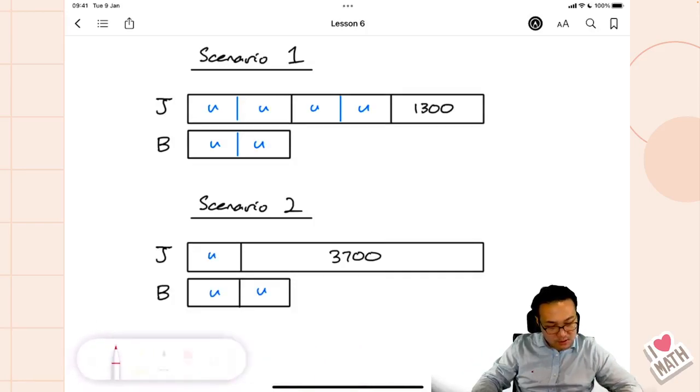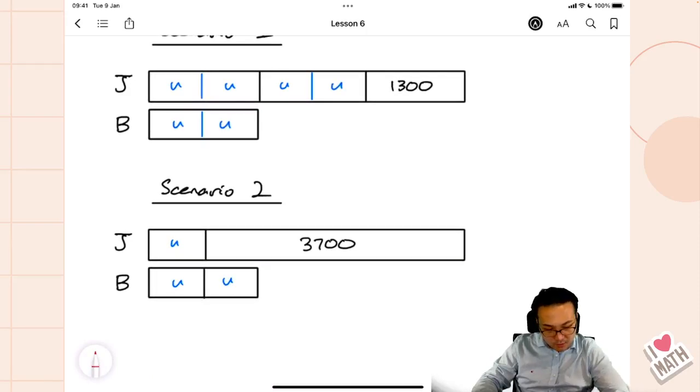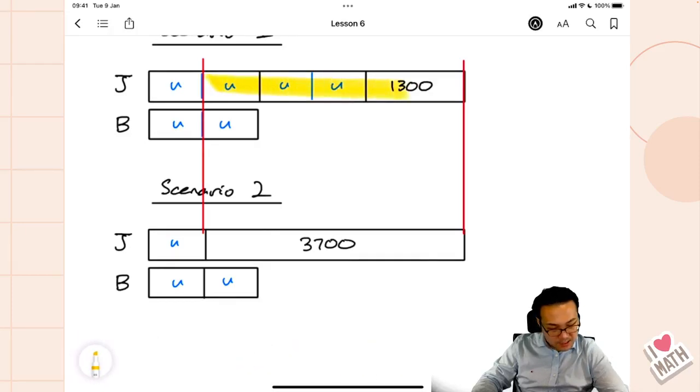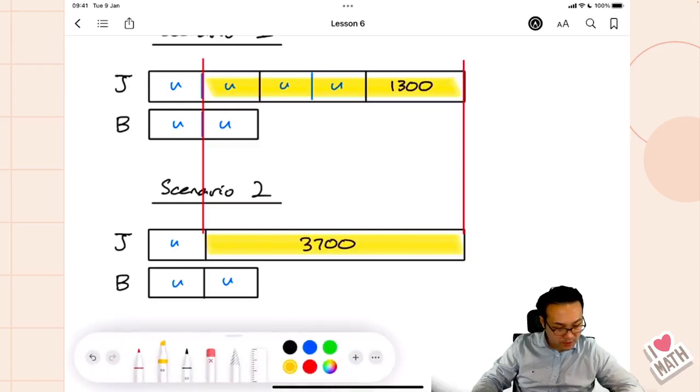Compare the models, students. I want you to compare from this line here to this line here. What do you notice? You notice that 3 units plus 1,300 equals 3,700.